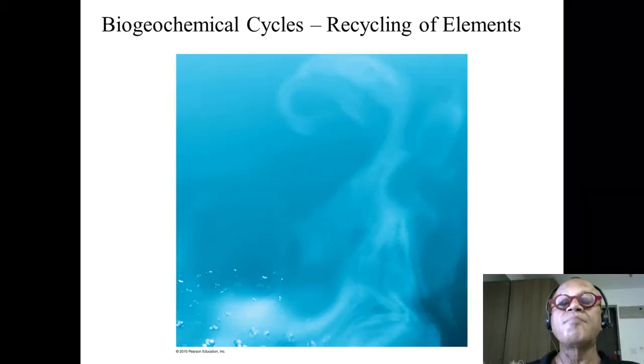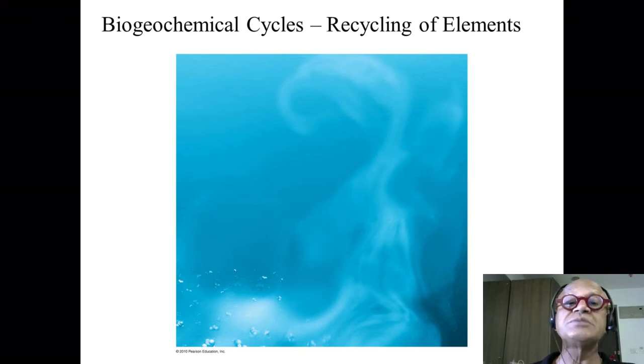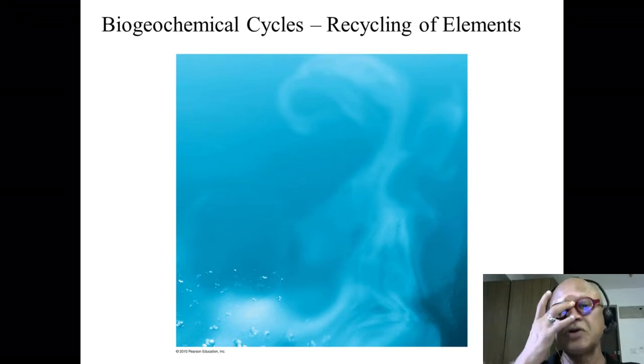To get more into the carbon cycle, we've used this terminology biogeochemical cycles before, because there is biology involved, there is geology involved. We will see how the elements are recycled, and there is chemistry involved. And the key thing here is recycling of elements.